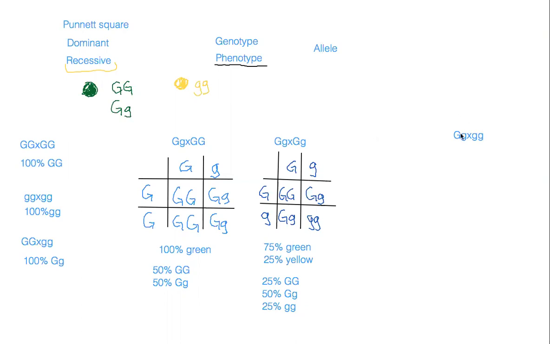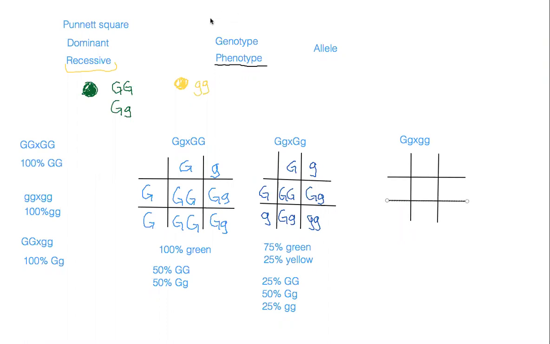For the last case, we'll have a heterozygous with a homozygous recessive. So we are going to have something a little bit different. It's not going to take me that much time. As you may already notice, we have the idea of what is happening here. So hopefully you will know what to expect.